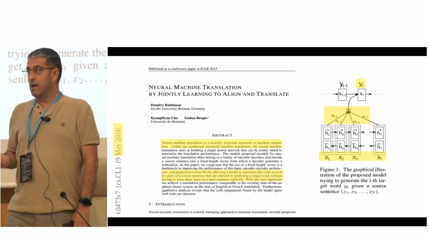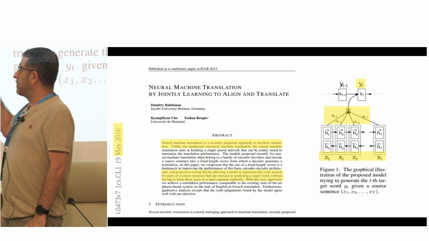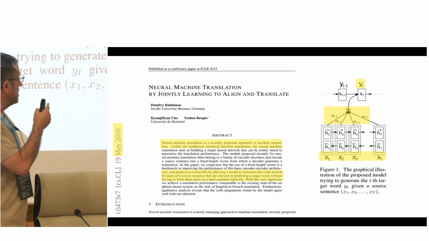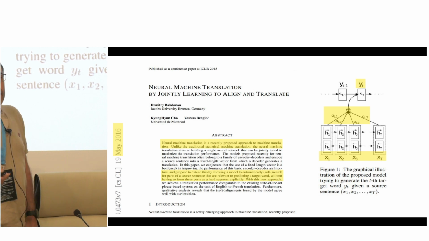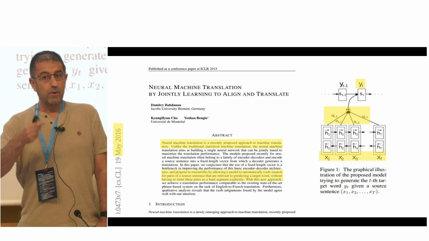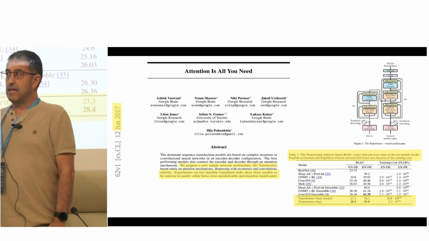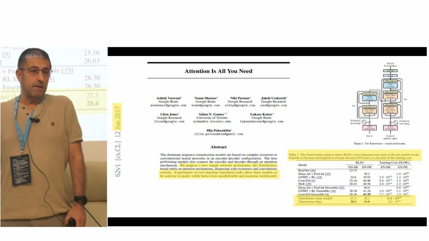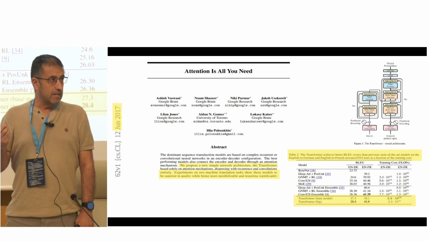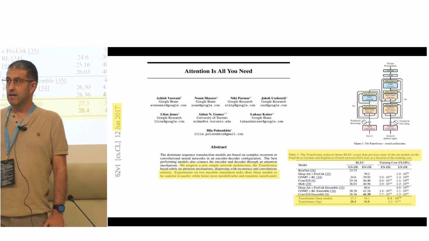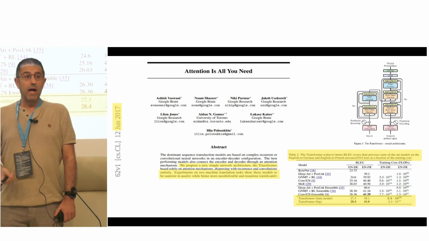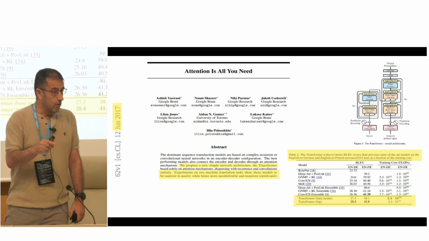machine translation. A couple of years later, the first paper introducing the idea of attention in natural language processing, guess what? The experiments were about machine translation. And finally, the architecture that 99% of the models are using, the transformer, was published a few years ago, and it contained experiments only for machine translation.